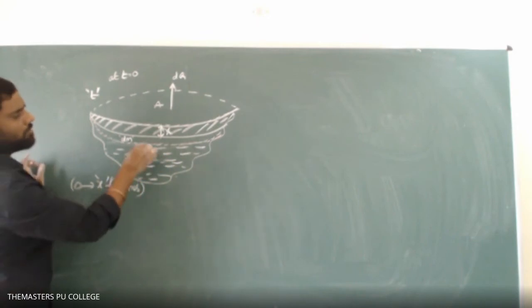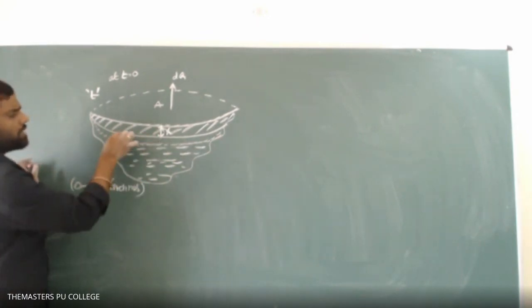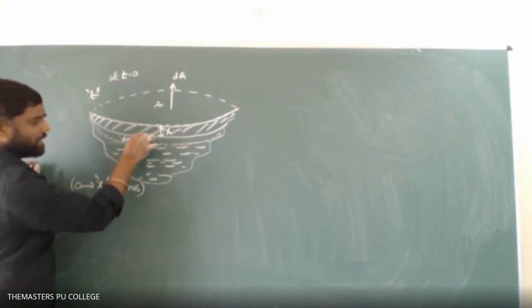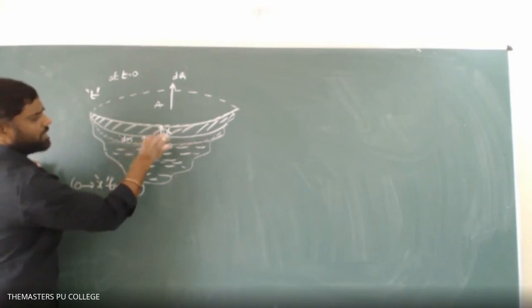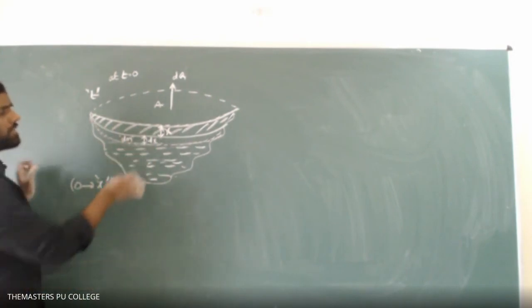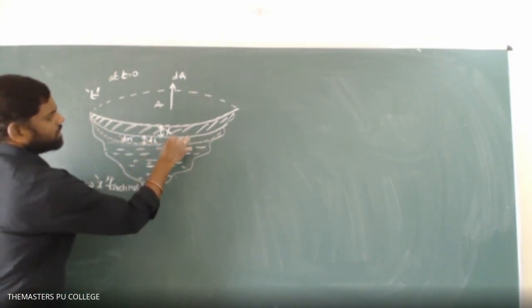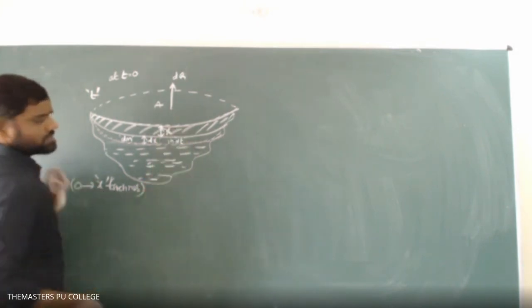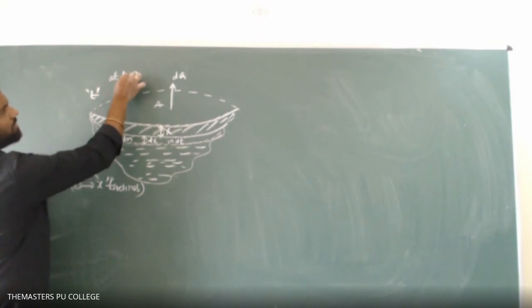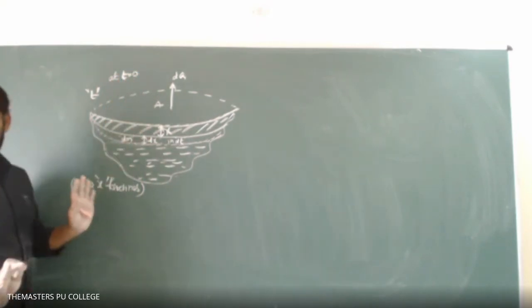That means the ice layer thickness is increased by dx in dt interval of time. Understand this point clearly. At the instant t equals 0, the surface of the lake is full of water.